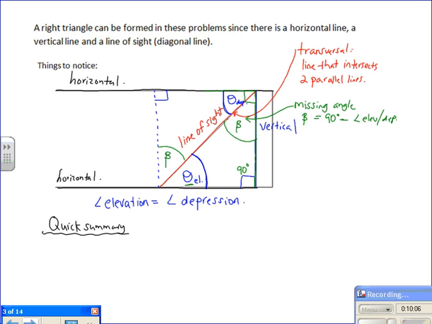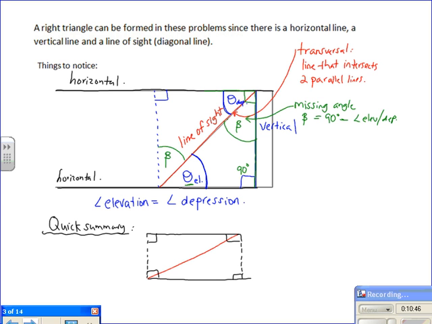Whenever we have a diagonal line that intersects two horizontal parallel lines, just like that, and I connect the two horizontal lines with a vertical line in order to make a rectangle, what I have here is two right triangles, or a rectangle, and each corner of the rectangle is equal to 90 degrees. That's always true for a rectangle. And what I have here is a couple of statements that are going to be true.